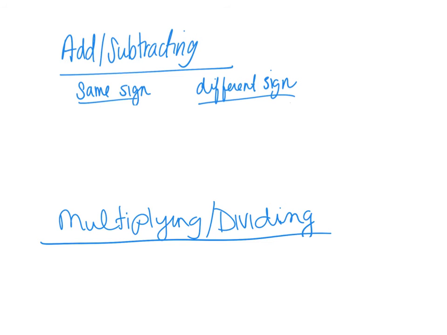Now let's take a second and recap our rules for adding and subtracting and multiplying and dividing. So when we have the same sign and we're adding, the rule is we add the numbers and we take the common sign. So if they're both positive, it's positive. If they're both negative, it's negative.